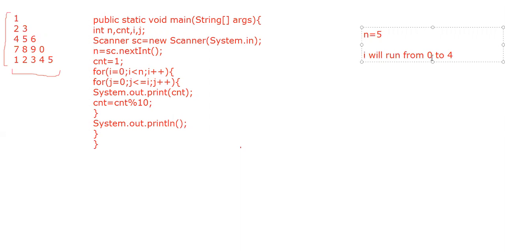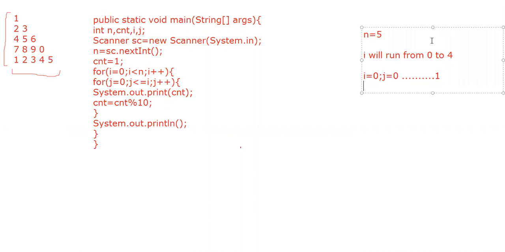So i will start from 0 and run till 4, and j will run from 0 to i. In the first iteration, when i equal to 0, the possible value of j is j equal to 0. Since j is equal to 0, we will print the cnt. So for this case, a 1 will be printed.